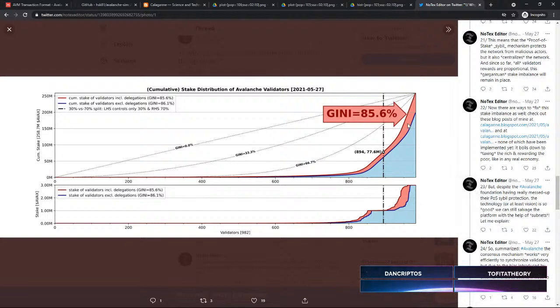Yeah, and when you have, for example, but you see that black bar. Yes, that's what I was about to say. Yeah. So 30% of the stake is on the left-hand side of that black bar, and 70% of the stake is on the right-hand side of the black bar. So right. You see there is a number. I can't read it here. Well, just a second. Sorry, the LHS controls.